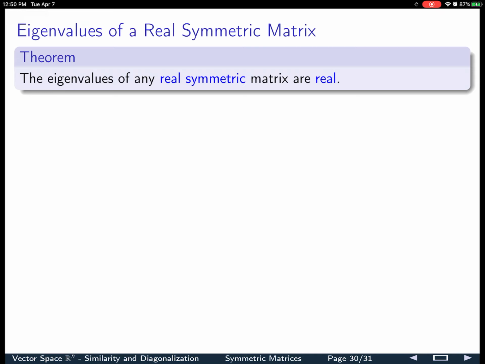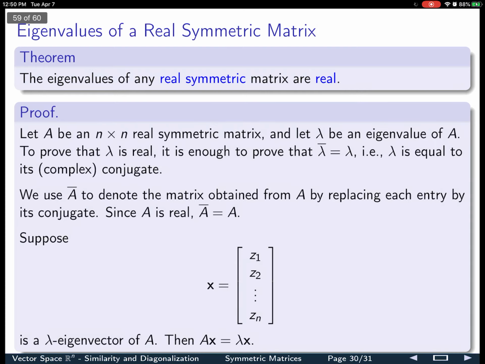Okay, here's the theorem. The eigenvalues of any real symmetric matrix are real. So when you're working with a symmetric matrix, eigenvalues are real. The only way you get complex eigenvalues is if you're not symmetric. This proof is not super important to fully understand, so we'll go through it somewhat quickly.